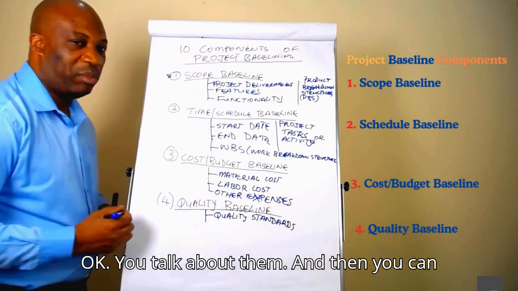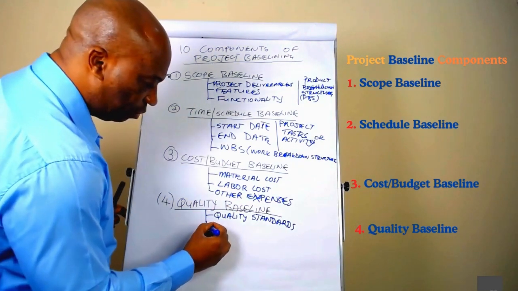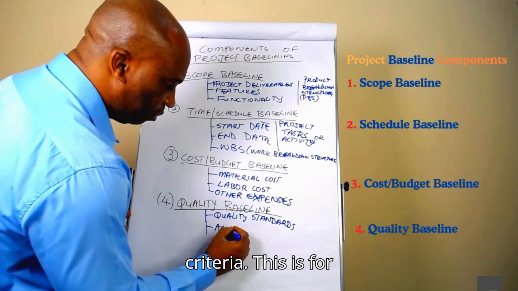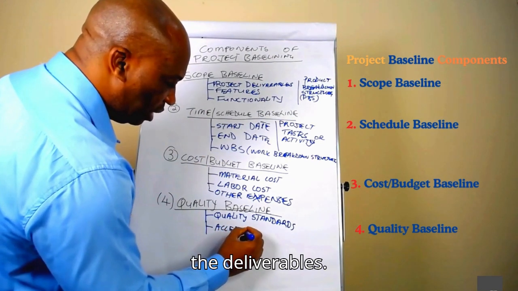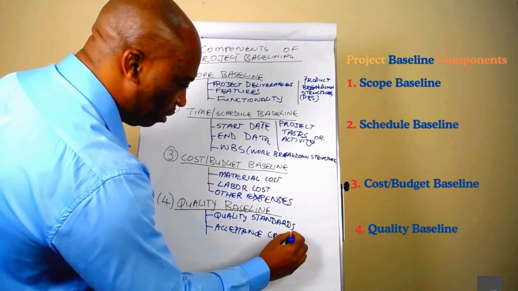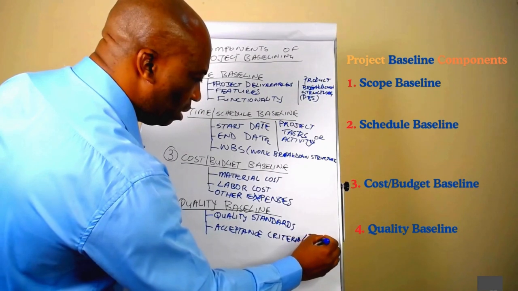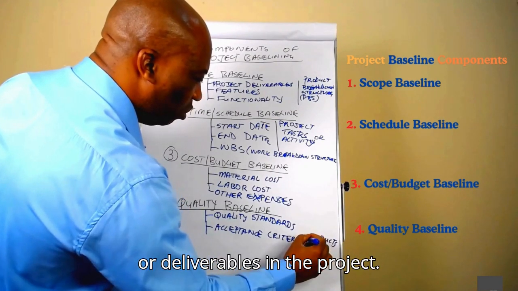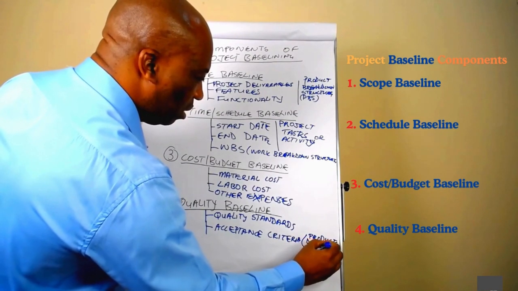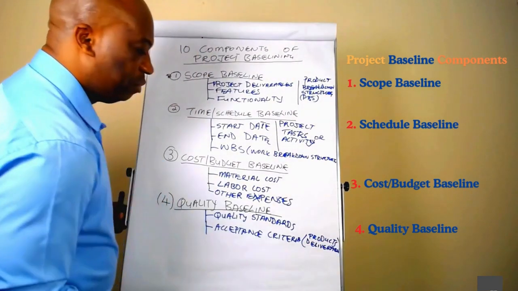Okay, you talk about them. And then you can also look at acceptance criteria. This is for the deliverables. These are products or deliverables in the project. These are also covered under quality.